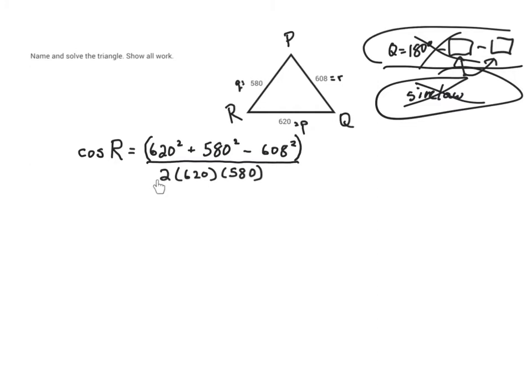There you go, divided by 2, divided by 620, divided by 580. All three of these are on the bottom, so you should go divided by that, divided by that, divided by that. And equals, it should come out to cos of r again, is equal to approximately 0.4882.